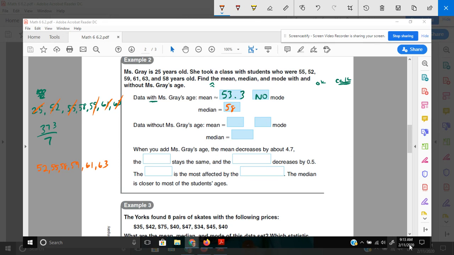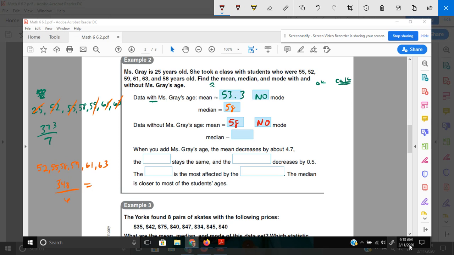If I take that 373 and subtract her age of 25, I have a total of 348 divided by 6 ages, and the average is actually 58 years old without her age in there.